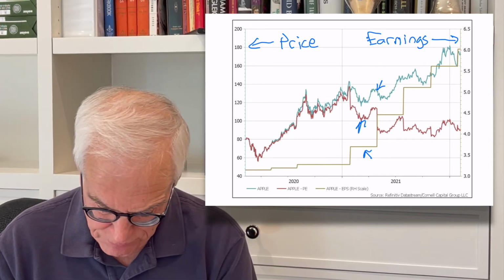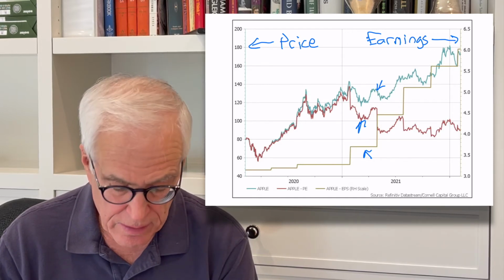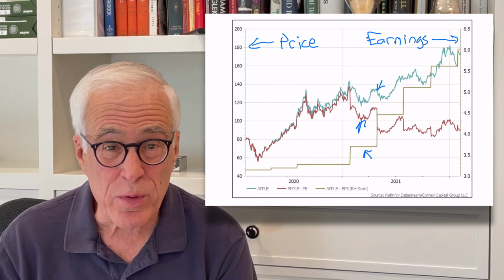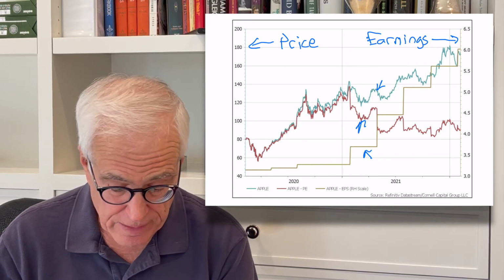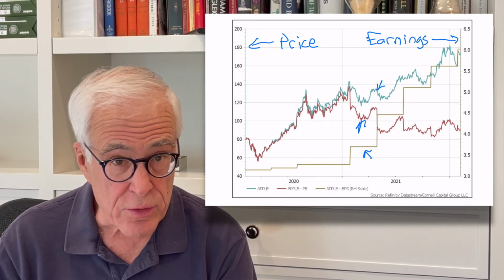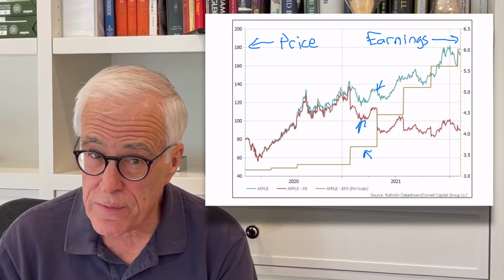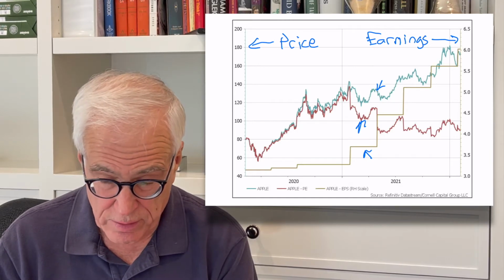Notice up through pretty much the end of 2020, the rise in Apple's stock price was due entirely to expansion of the multiple. Earnings barely grew at all. And so the multiple increased and that dragged up the stock price. That would be the stock price changing because of expectations of future growth or lower risk aversion.